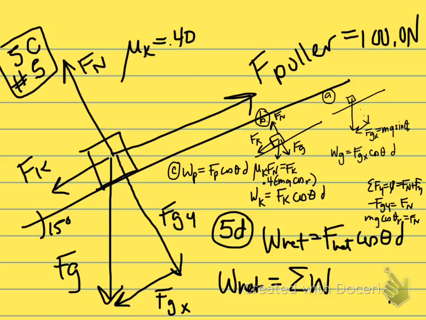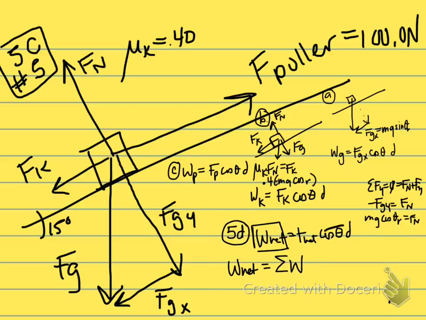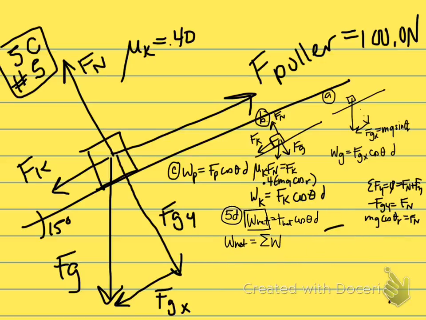So once you get that net work, they ask you what the speed of the crate is. And this is where this becomes a work-kinetic energy theorem problem.